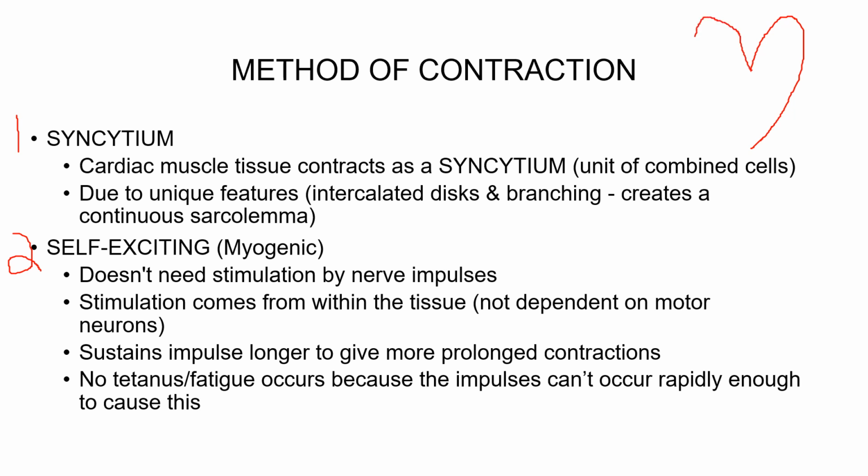So if I draw a heart for you, that's a pretty good drawing for me. You can separate the heart into 4 chambers. And just to give you a little preview, the top chambers are called atria, or atrium singular. So you have a right atrium and a left atrium. And then the bottom are called ventricles. You have a right ventricle and a left ventricle.